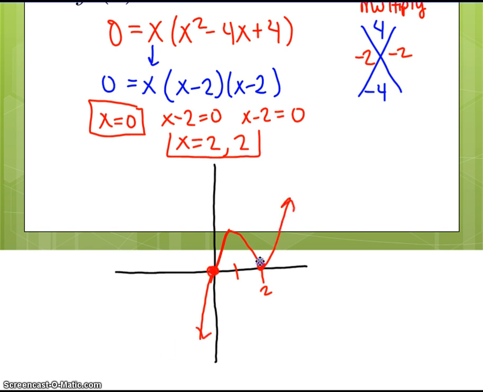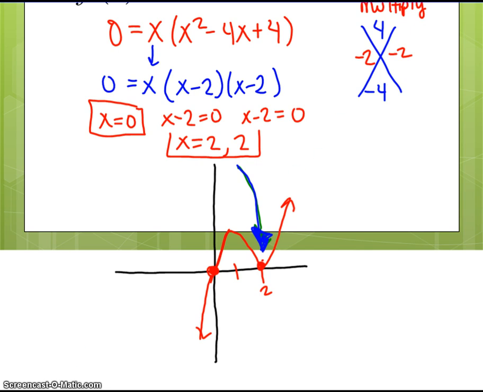That's the only two places your graph can cross, nowhere else. And again, it bounces off the 2 because the 2 repeats. Okay? Don't make the graph too sharp. That's why earlier I erased it, because it needs to curve. All right.